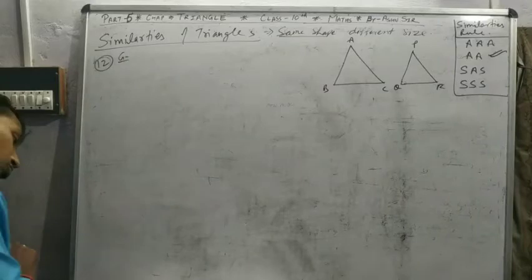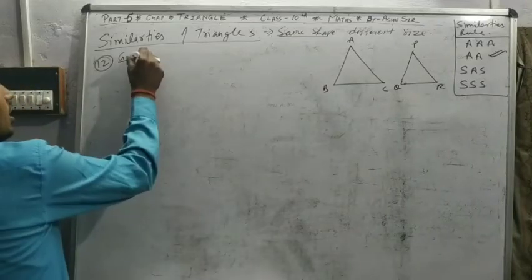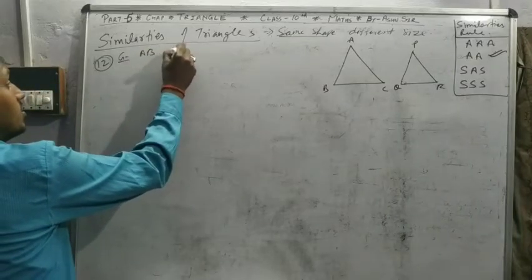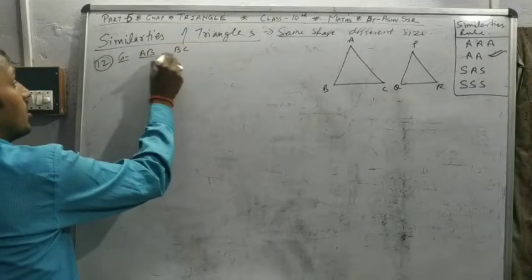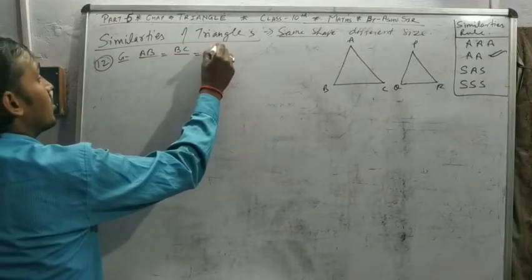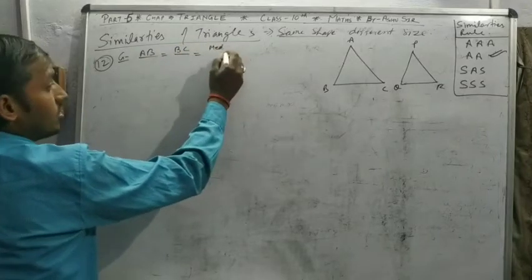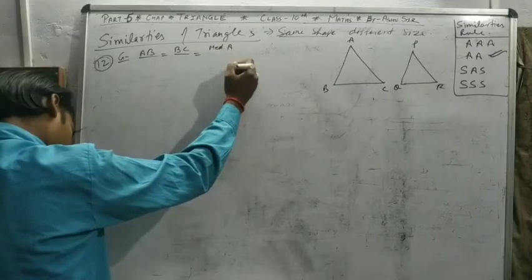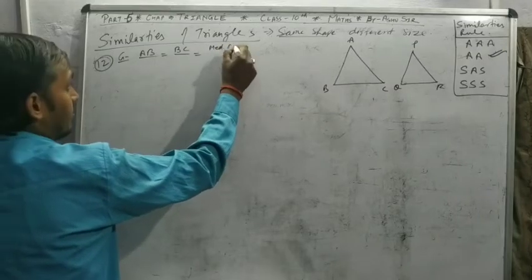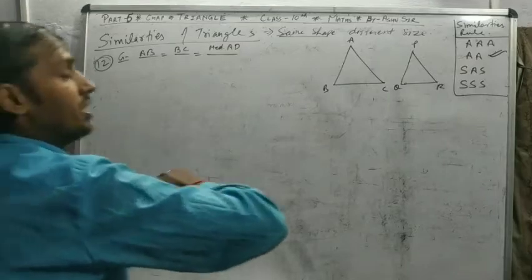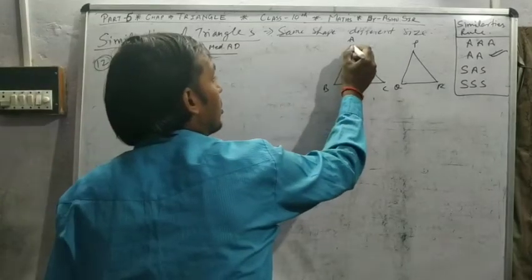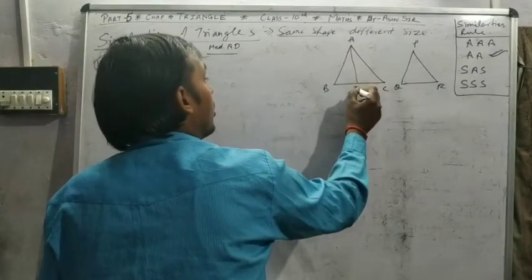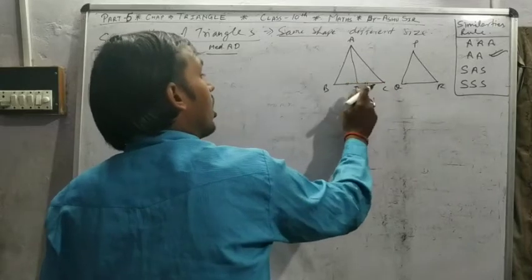In between those two triangles, AB, BC and the median AD. Median means divide the base into two equal halves.